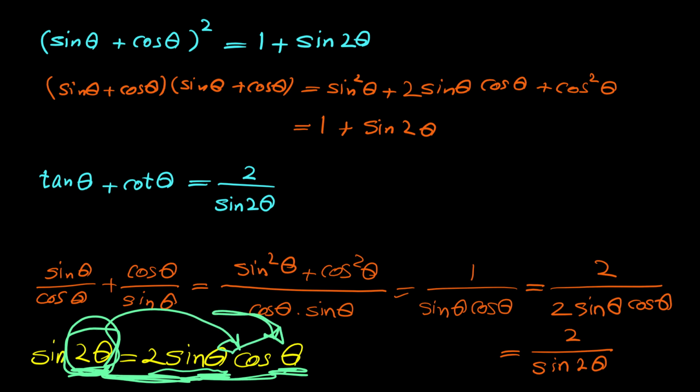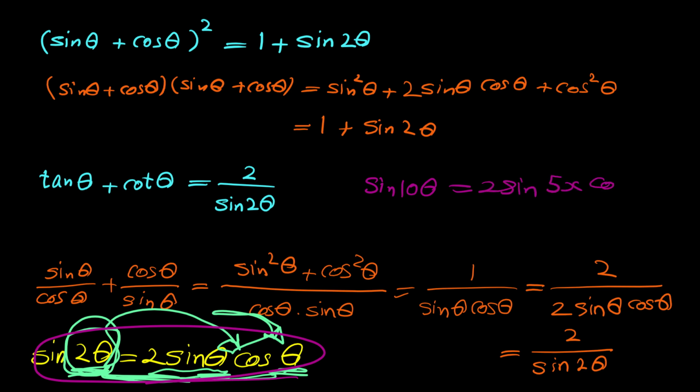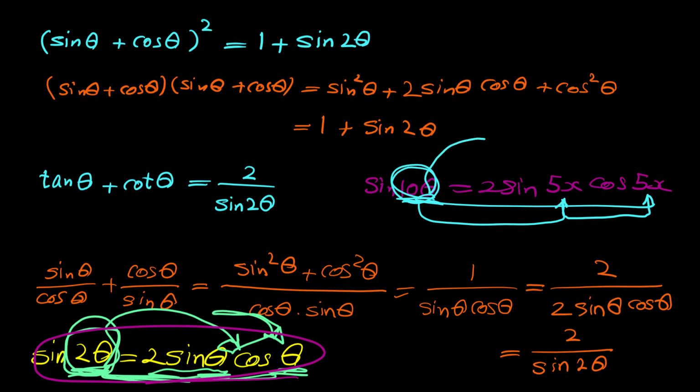By learning this way, if I ask you what is sine of 10x based on this identity, you are able to say this equals 2 sine of 5x cosine of 5x, because you know that the relation between this angle and the angles we put here and here is that whatever is here is half.